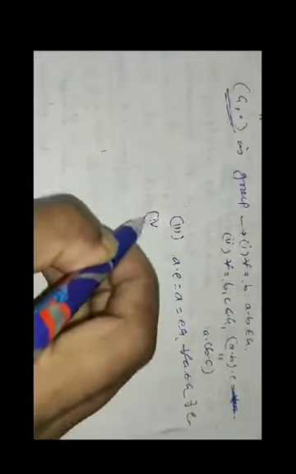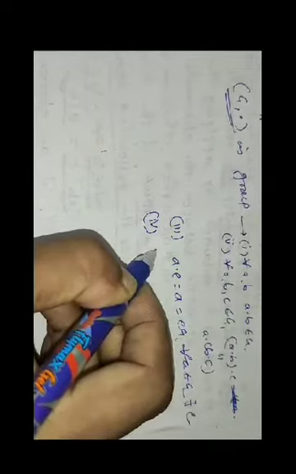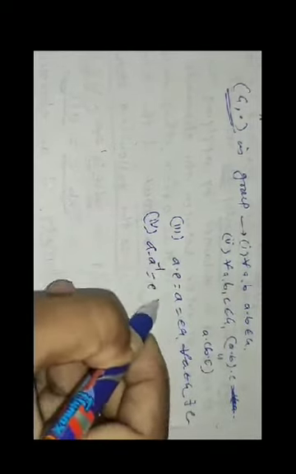Then third is identity, that means AE is equal to EA for all A belongs to G, there exists E. And fourth property is inverse, that means A into A inverse is equal to E, and A inverse into A. This is for all A belongs to G, there exists A inverse such that it satisfies this condition.